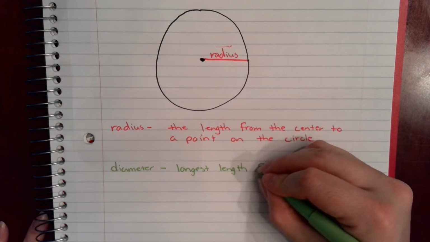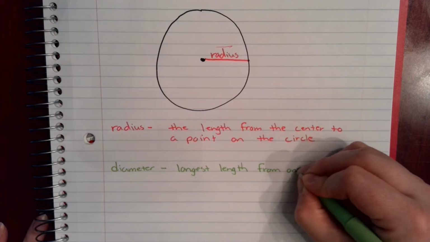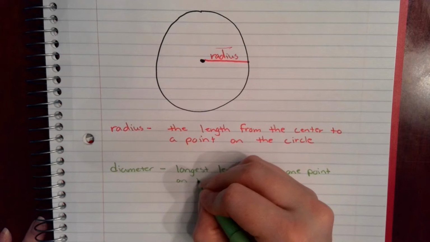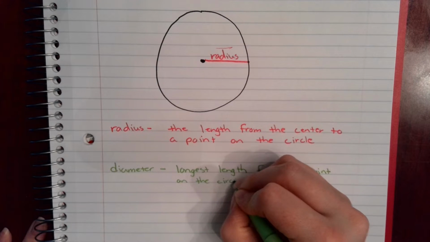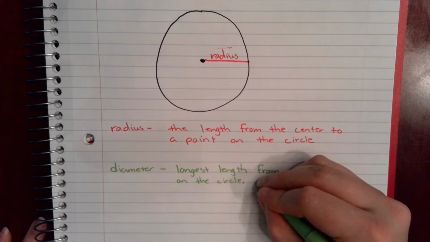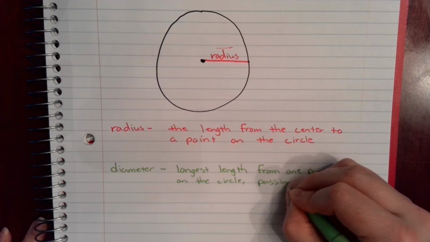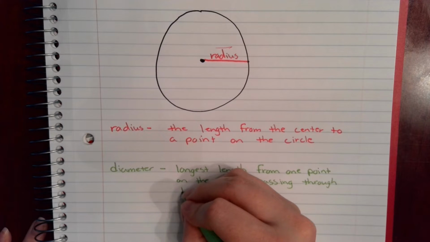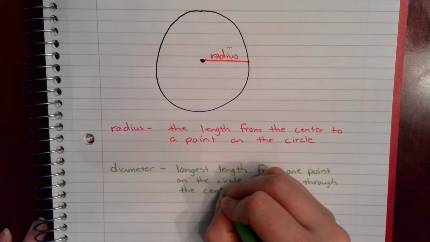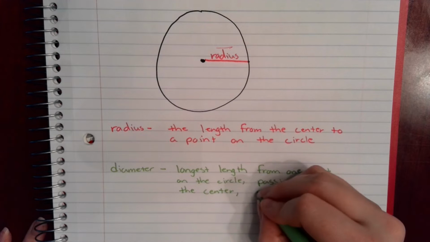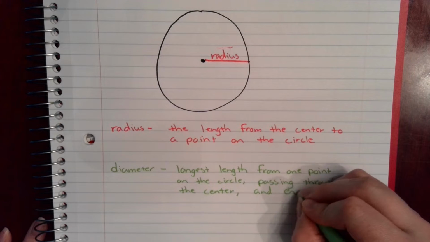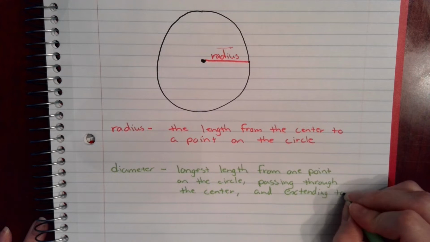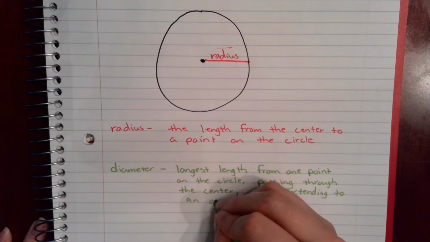So it's from one point on the circle passing through the center and extending to an opposite point.